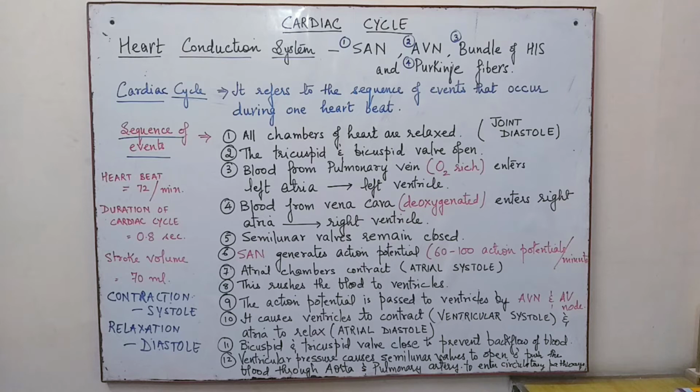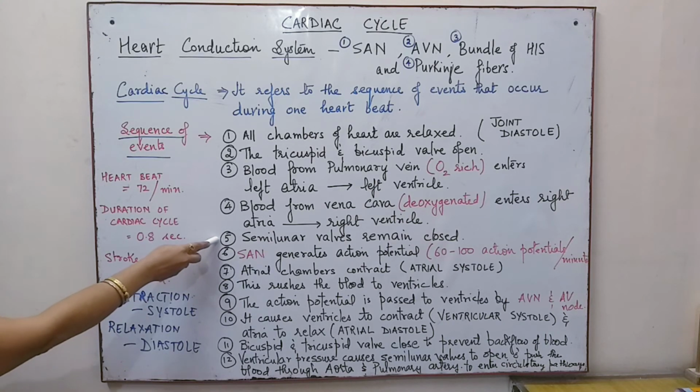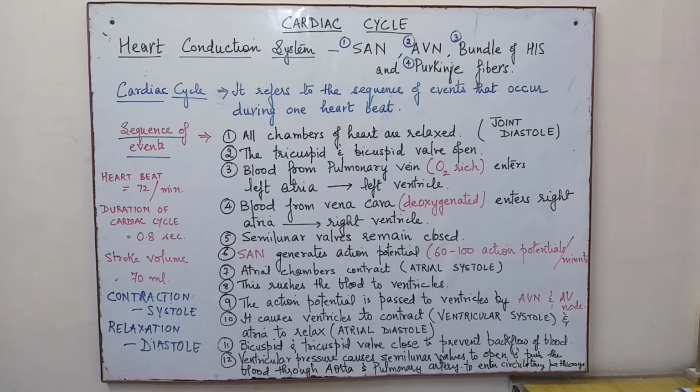The semilunar valves, which open to the pulmonary artery and the aorta, remain closed at this time. The SA node, the sinoatrial node, which is present towards the right atrium, generates an action potential. What is meant by action potential? The action potential is caused by the movement of ions across the cell through ion channels.